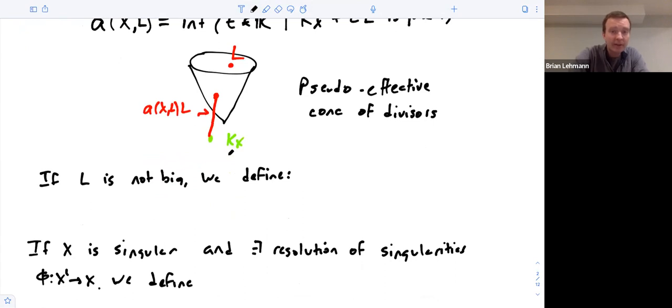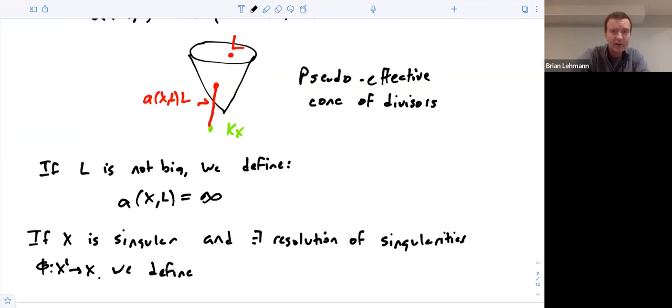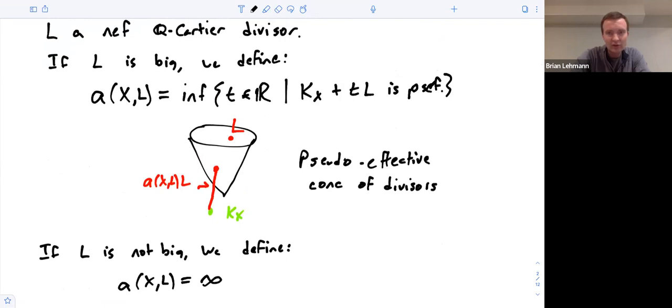There's a couple other cases that we need to define just for the sake of completeness. So if L is a nef divisor which is not big, then we define the Fujita invariant to be infinity. This might look a little bit weird. We don't really want to use the same definition.